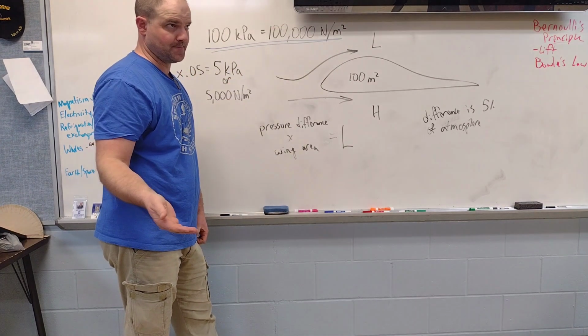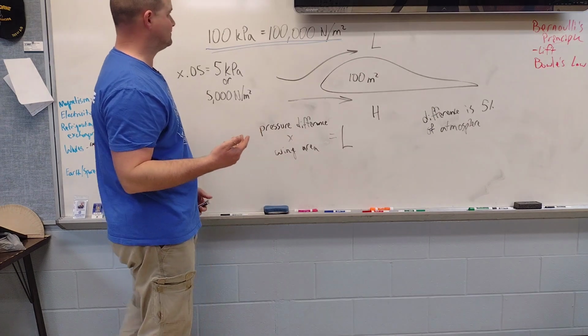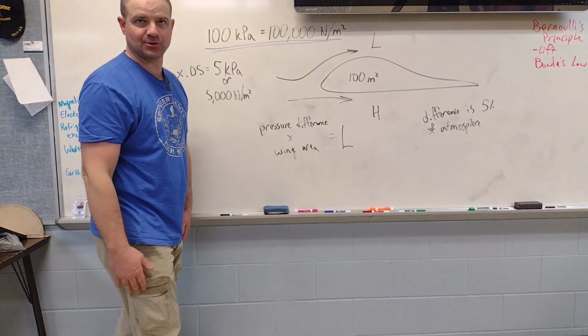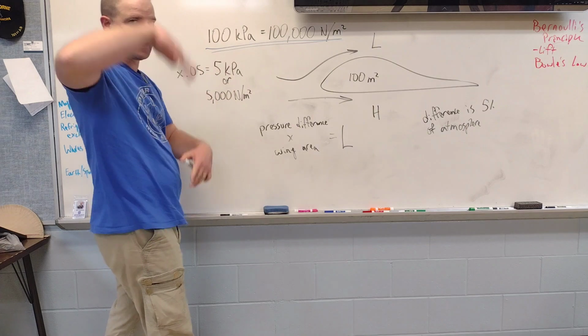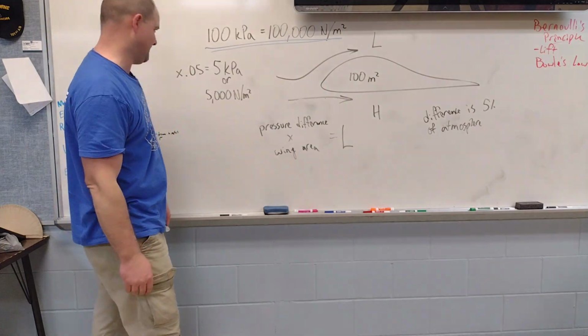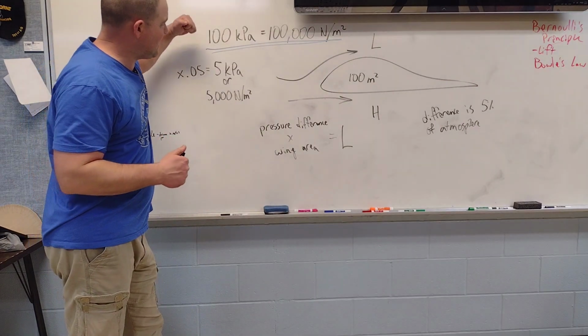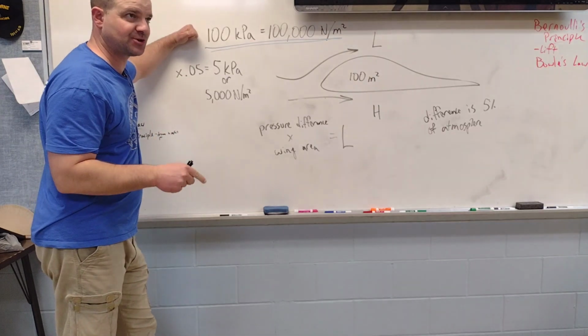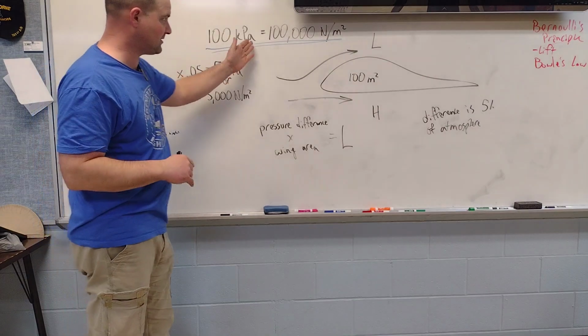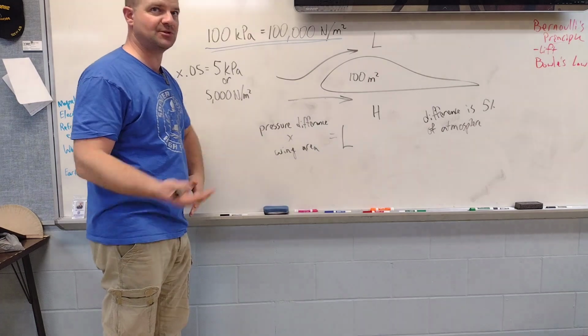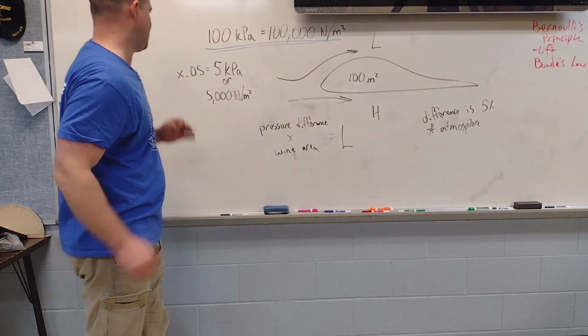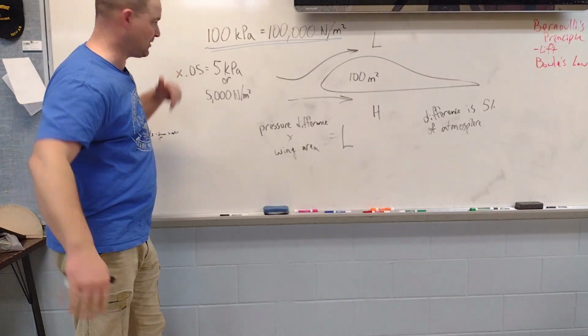If we assume sea level pressures, okay, let's say the airplane is not flying at 50,000 feet, we've got 100 kilopascals of pressure for the air, which is also equal to 100,000 newtons per square meter. That's just info out of the book.